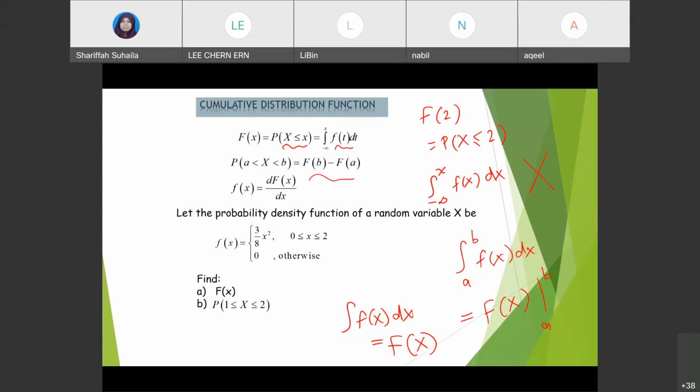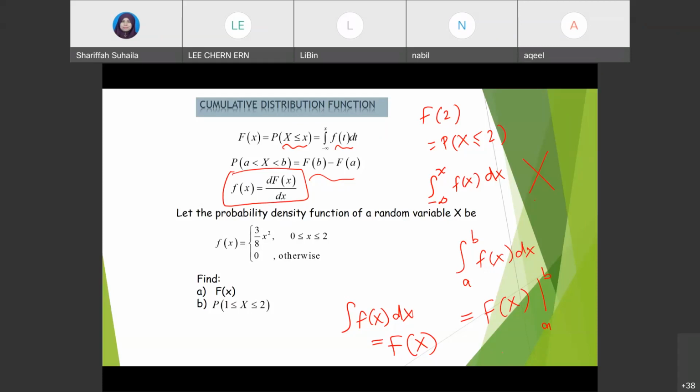Okay. So integration dengan differentiation. Okay, so kalau kita differentiate balik capital Fx, kita akan dapat balik small fx. Okay, ini dia punya relationship that you have to know for continuous. This is your capital Fx, kamu punya cumulative distribution function, CDF.